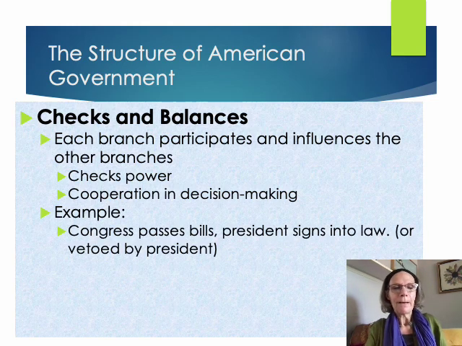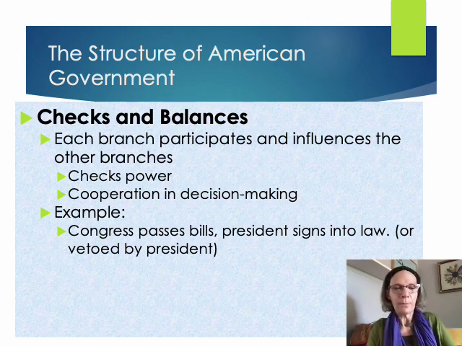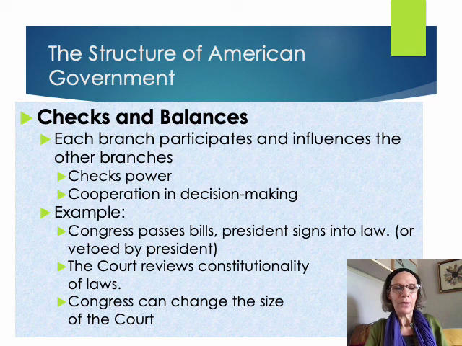But here are just some examples of checks and balances. Congress passes a bill. It's signed into law by the President of the United States, right? Cooperation between the two. The court will review the constitutionality of laws that were passed by Congress and signed into law by the president. And if the laws are deemed unconstitutional, they can nullify those.